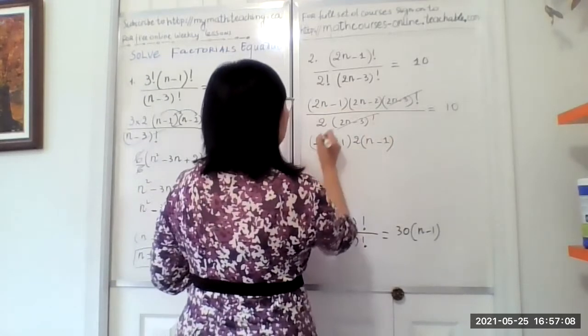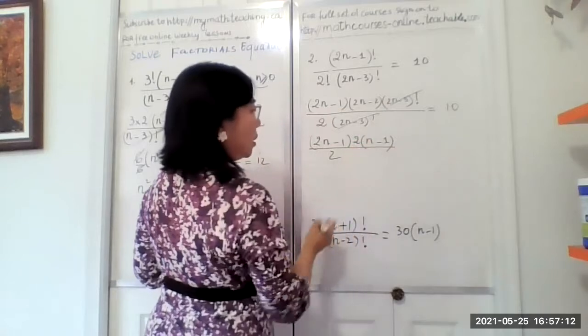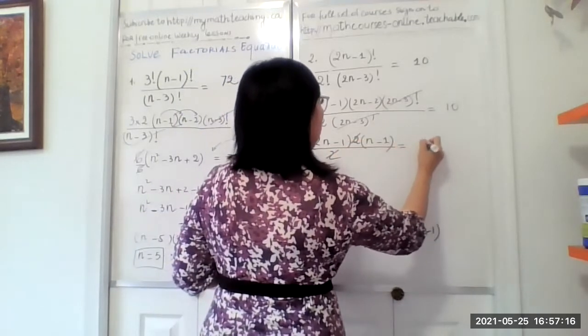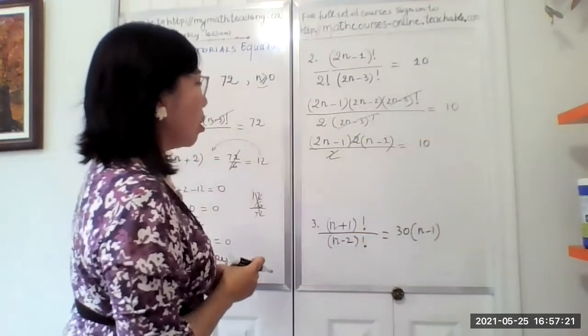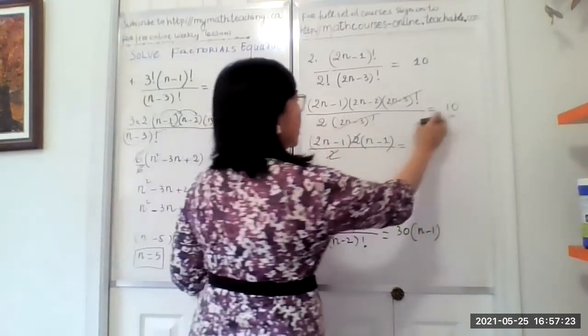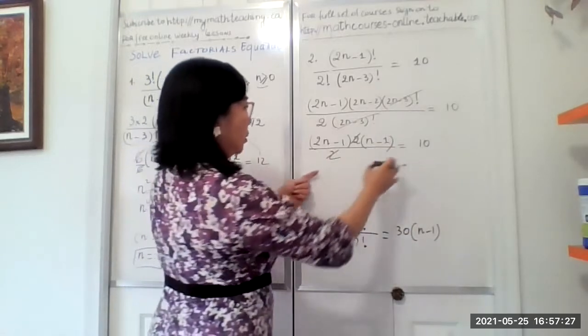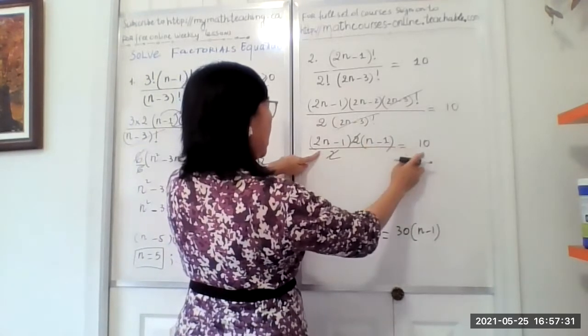And therefore, I can cancel with the 2 down here, right? This number 2 here cancels with 2 here. So this will be kept at 10. I can kick this, make it become 20, but let's do this way. So now I have 2n minus 1 times n minus 1 equals 10.